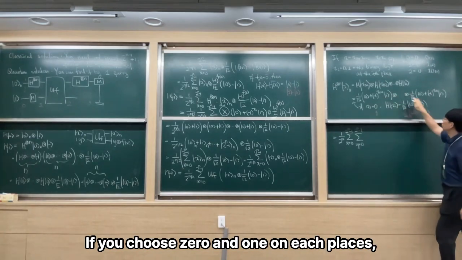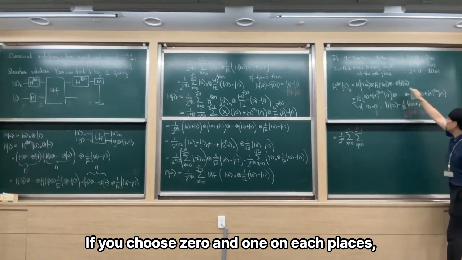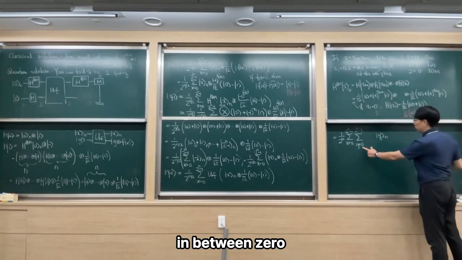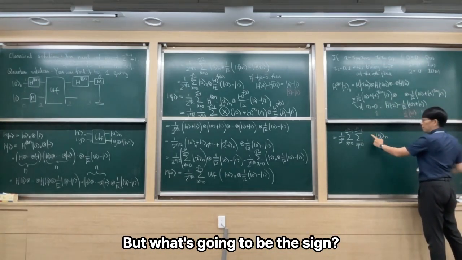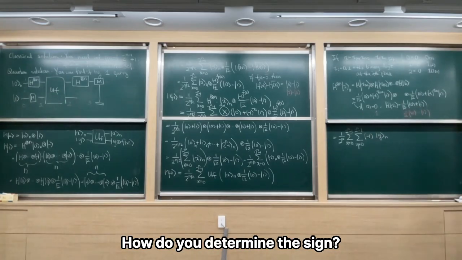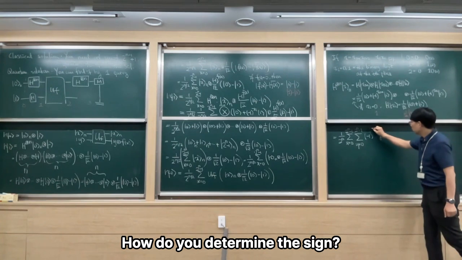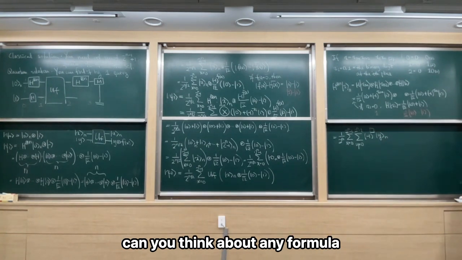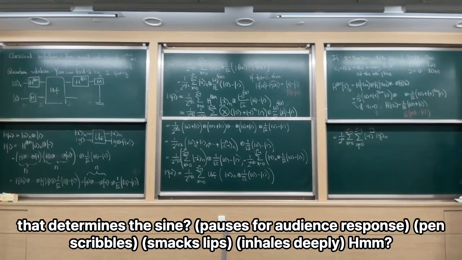If you choose 0 and 1 on each place, you're going to get some number between 0 and 2 to the n minus 1. But what's going to be the sign? How do you determine the sign? Can you think of any formula that determines the sign?